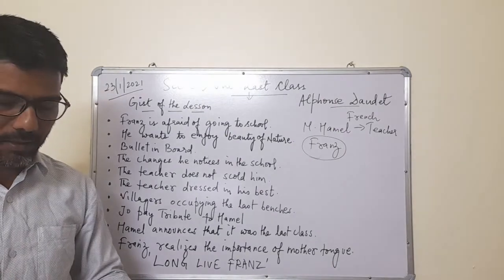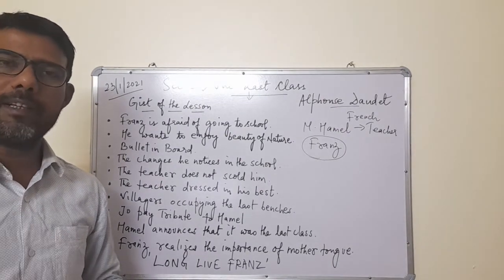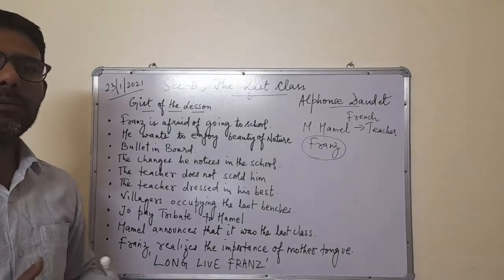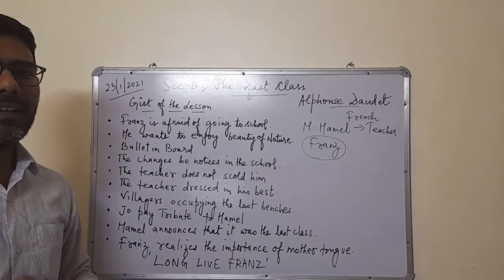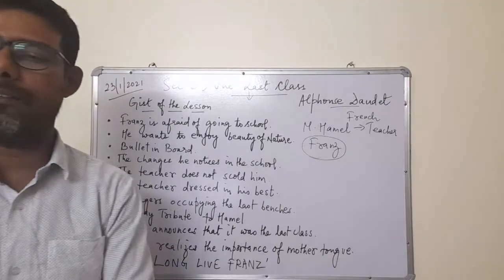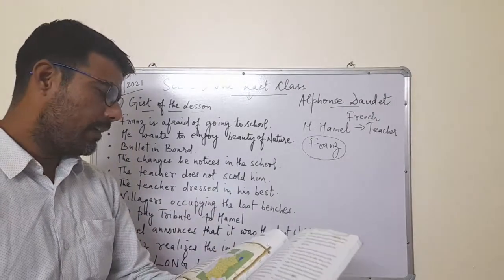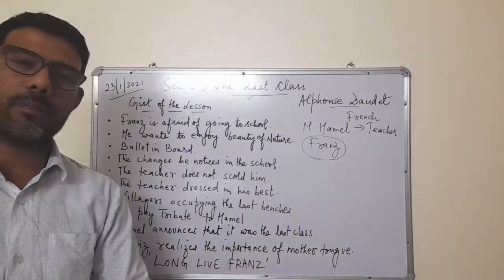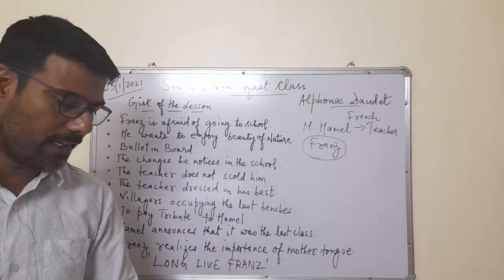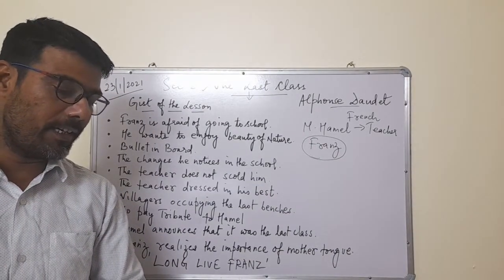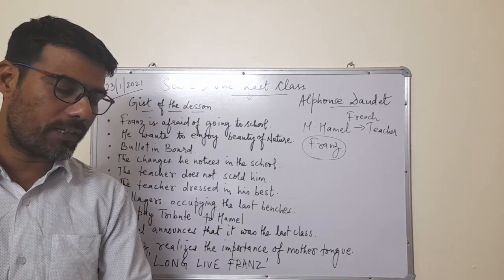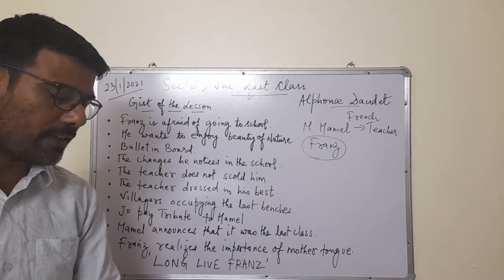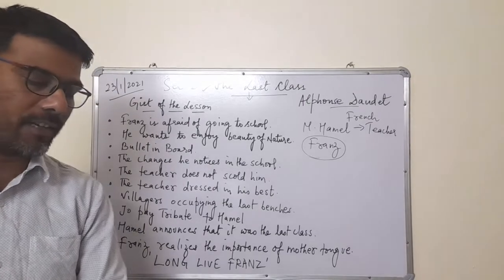Now it happens so that every chapter whichever we deal, first we try to know about the setting of the plot, the setting of the story. The Last Class, children, as you can refer to the book also, it says the story is set in the French province of Alsace, right? And in the year 1870-71, and the Franco-Prussian War fought between the French and the Prussians had just ended.